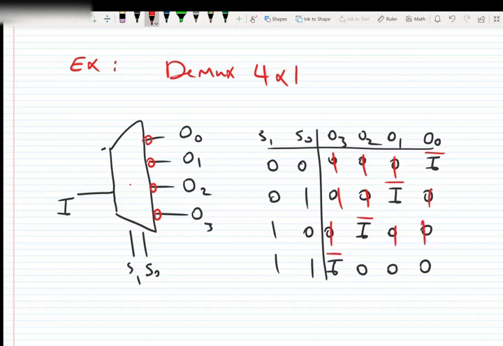So this one would be the truth table of this device. Okay, so be careful about those inverters, which are represented with this small circle. So one more time, because for all outputs we have an inverter, all these zeros will also be converted to 1, as well as the input.